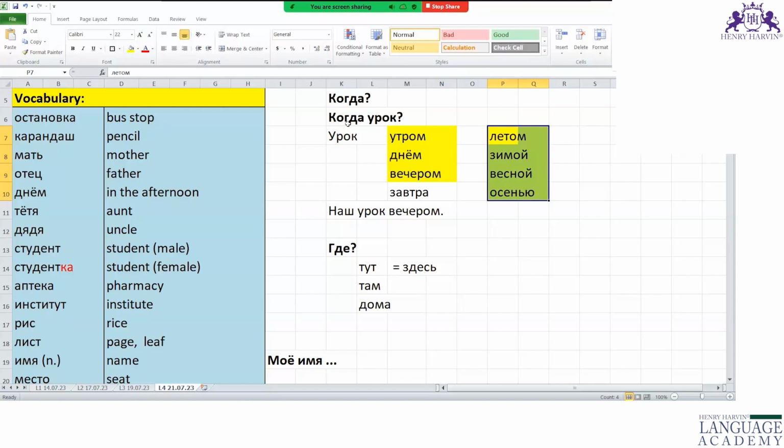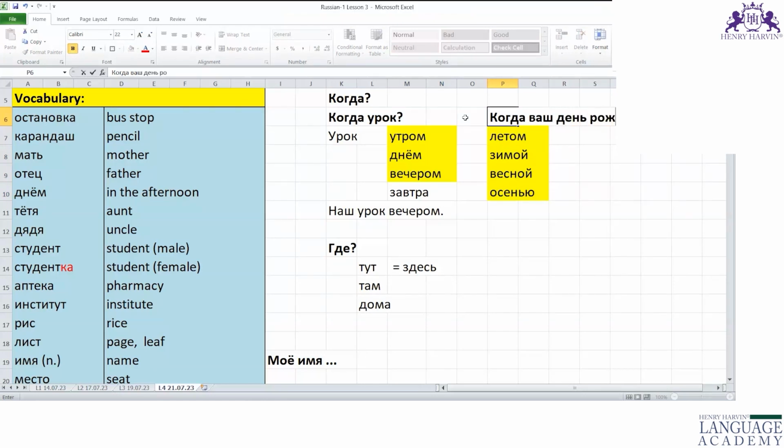For example, here we ask, когда урок? Урок утром, днем, вечером. I can also ask, when is your birthday, for example. Когда ваш день рождения? День рождения is day of birth.